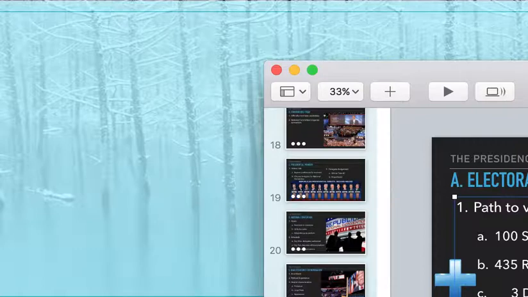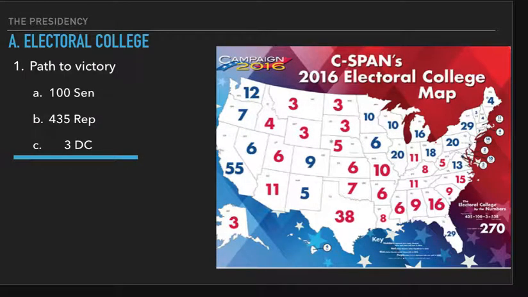Quick fix. Now I can do math. 538. So half of 538 is what? Divide 538 by 2.